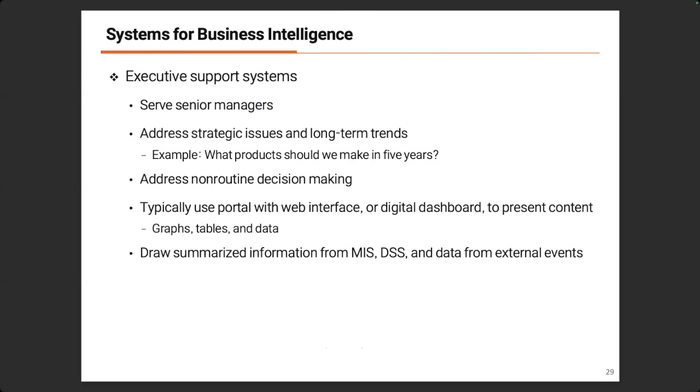So these systems filter, compress, and track critical data, and display the information using various visualization tools to provide comprehensive understanding to senior managers so that they can analyze and forecast global and long-term trends regarding their business.